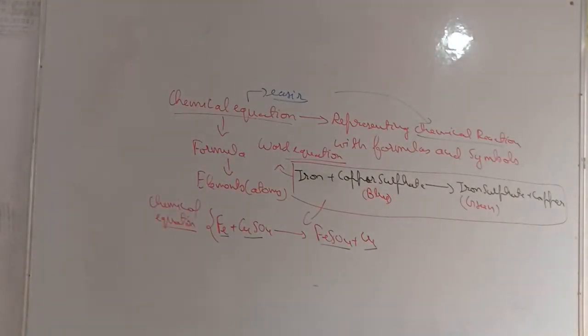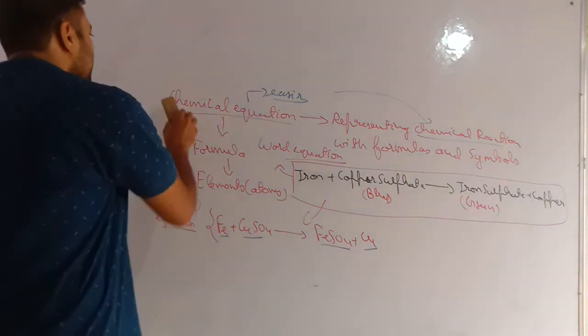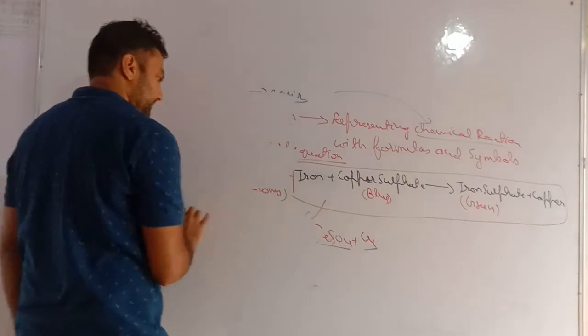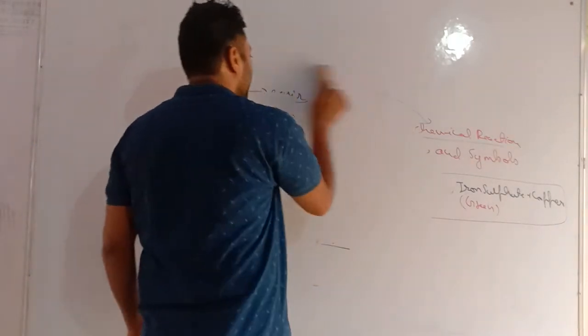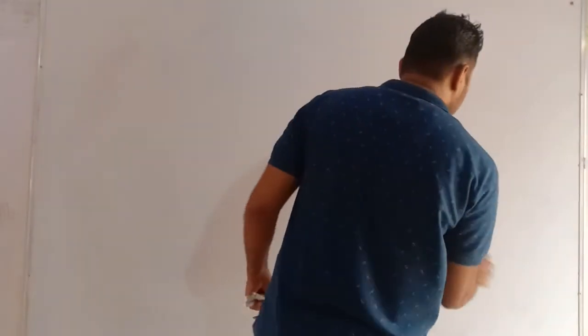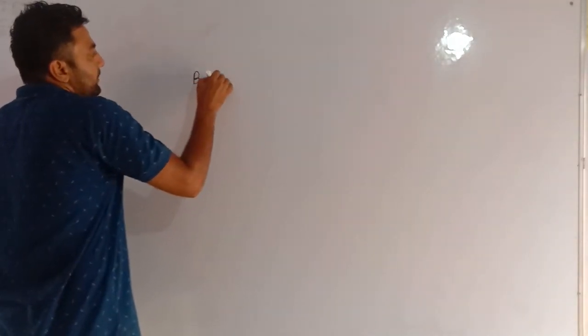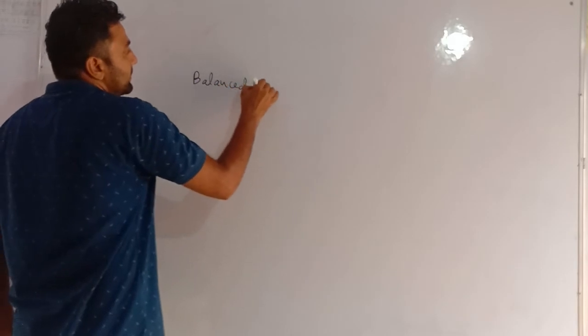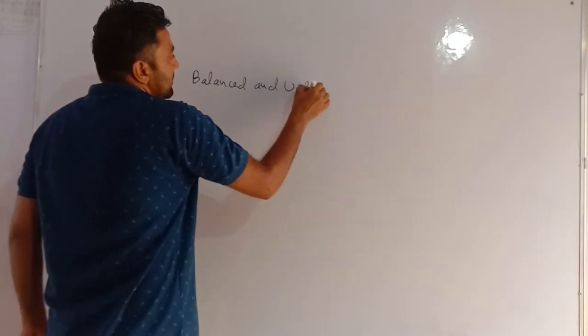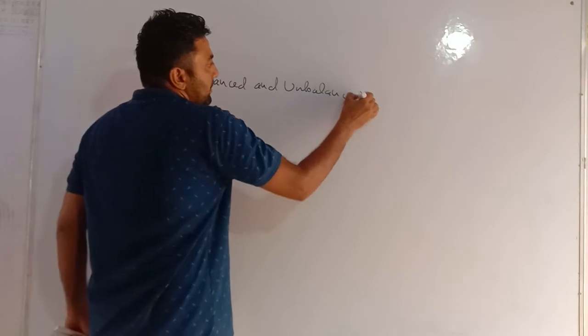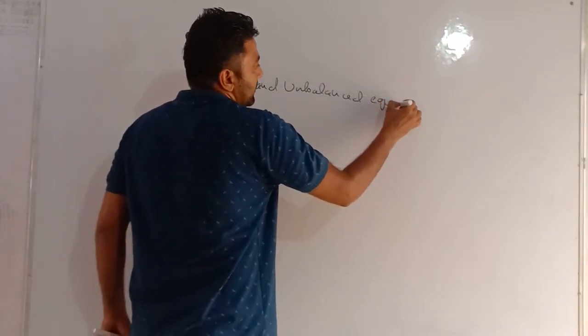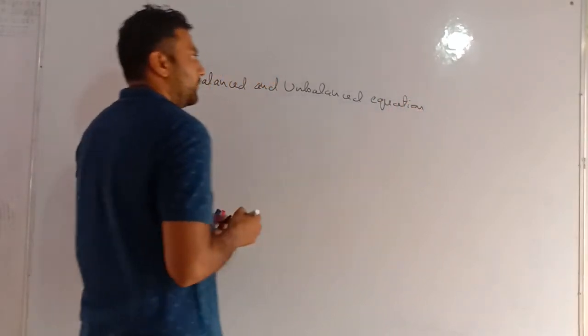See my dear students, there are two types of chemical equations, balanced and unbalanced chemical equations. First of all, we will take two examples and then we will see what is a balanced and what is an unbalanced chemical equation.